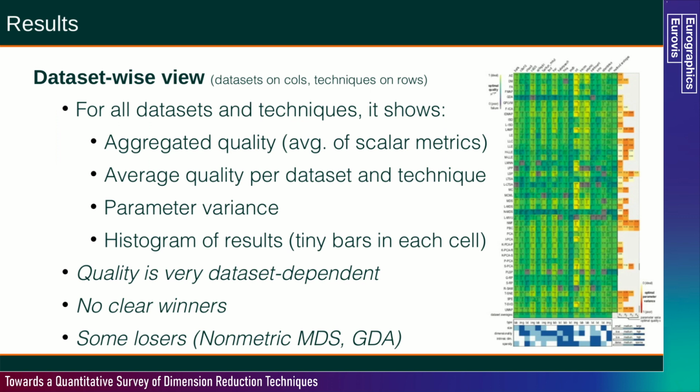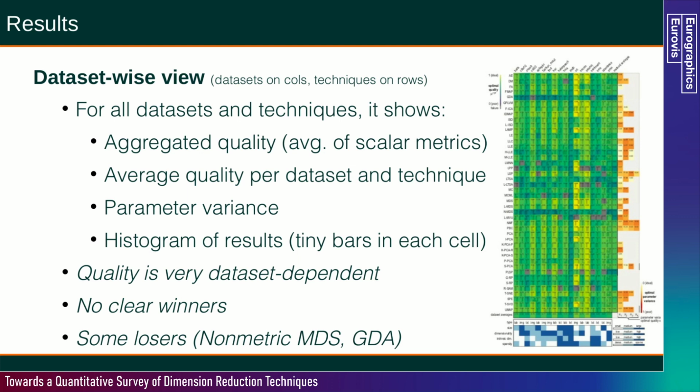So, for the dataset-wise view, we have this huge heat map, which unfortunately is not big enough so we can read the results. It takes a full page of the paper. But it's important to be here so we can see the color patterns, which you will understand in a moment. So, in this heat map, we have the aggregated quality, which is the average of all the scalar metrics. We have the average quality per dataset and technique, which are on the marginals.